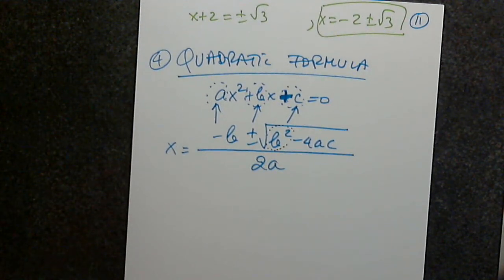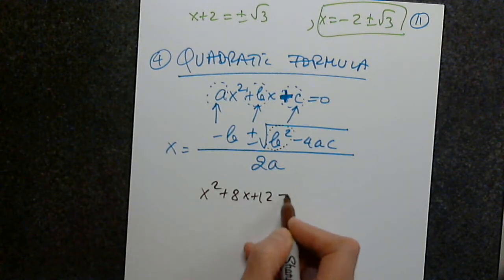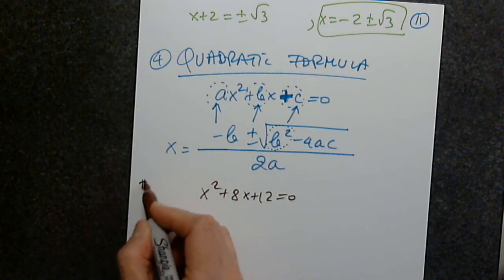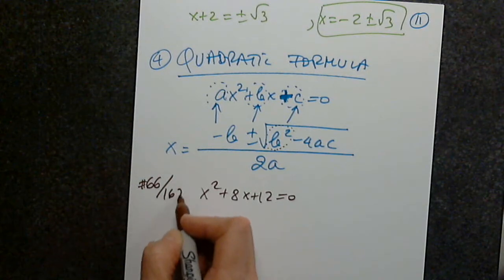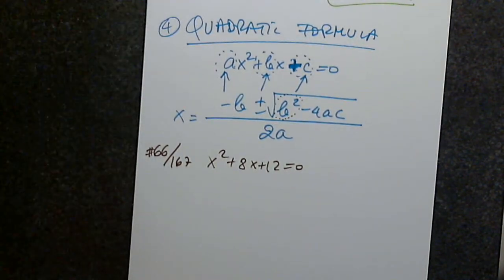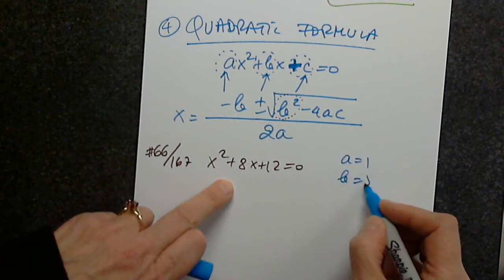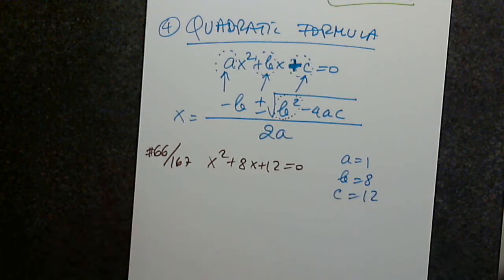I know I only have 3 minutes left. So let's take a look at, let's say, x squared plus 8x plus 12 equals 0. And this is problem 66 on page 167. I wanted to show you a word problem, and I don't think we can do that in 3 minutes. Okay, so first I identify A to be 1, B to be 8, and C to be 12.